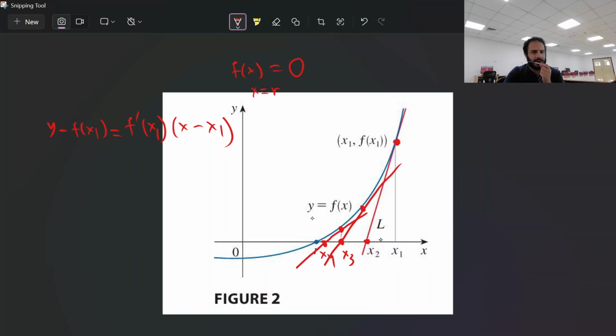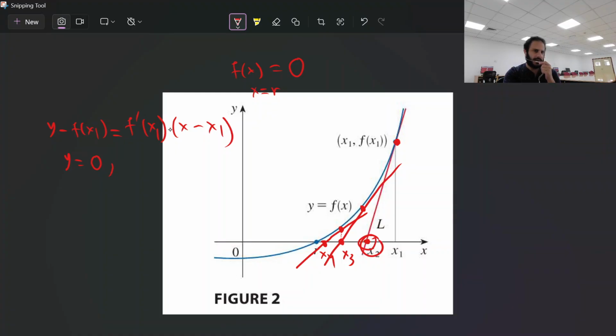Now, how to find x2, the x-intercept? This is the x-intercept of the tangent line. How to find it? We substitute what? y equals 0. Yes. To find the x-intercept, we substitute y equals 0, because on the x-axis the y value is 0.